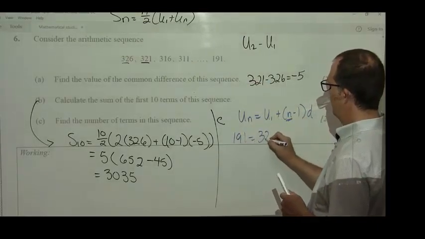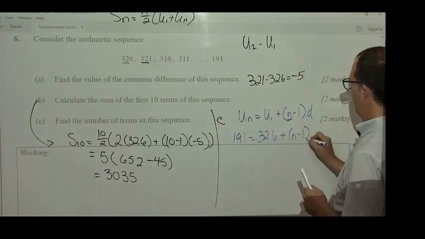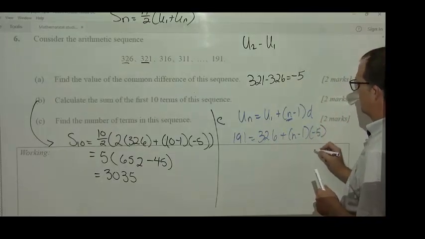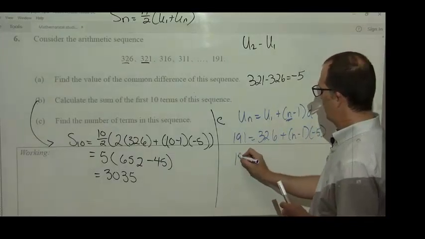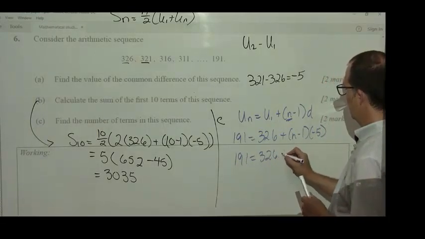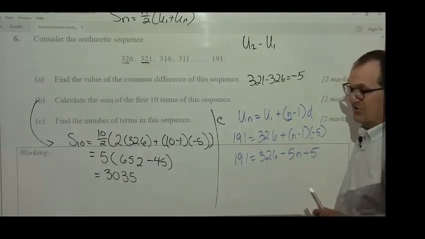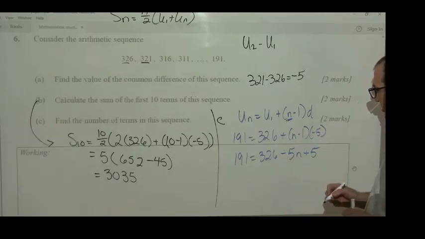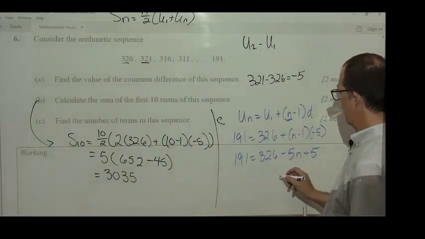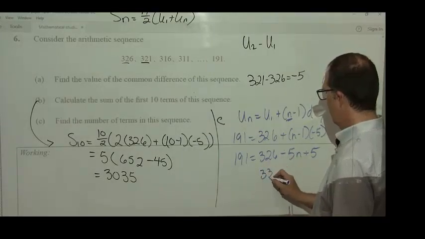The first term, I know, and I know the common difference. I'm going to multiply out this bracket so that I have 5n plus 5, and then I need to just solve for n. So let's see, that's 331.